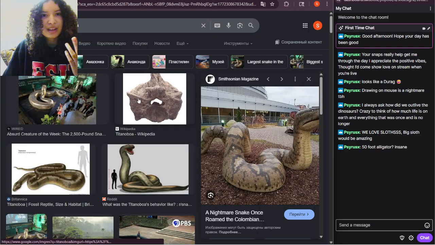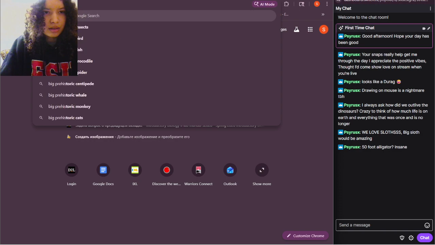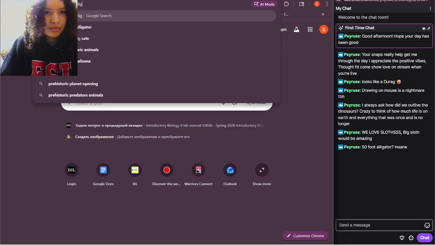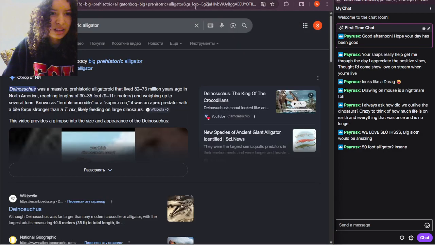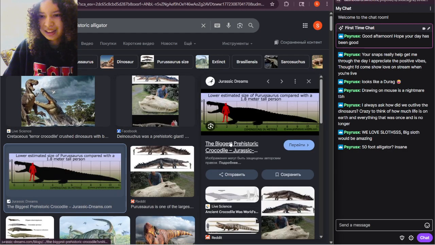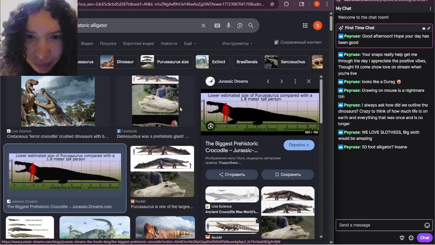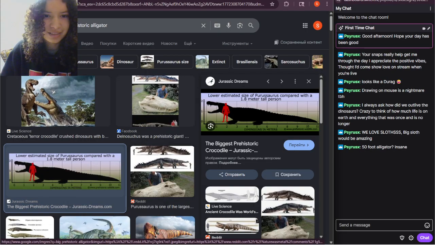There was an alligator. Let's see, Deinosuchus. Look at this thing. This is a Purussaurus. Whatever. Big alligator.